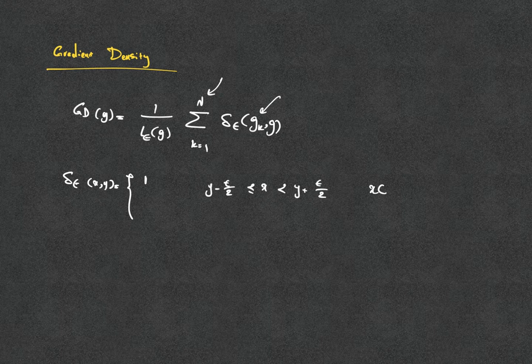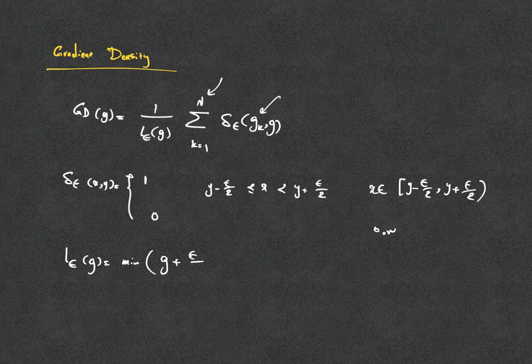In other words, if x is a member of y minus half epsilon to y plus half epsilon. Otherwise, it'll be 0. And this is also defined as the minimum of g plus epsilon over 2 minus the maximum of this. So basically you're truncating these values and then you sum them up.